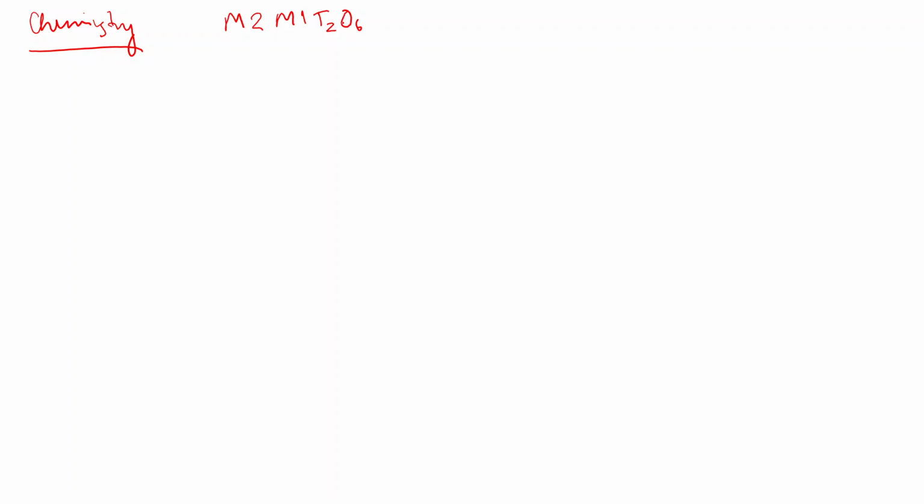So here M2 and M1 are the cations in generally distorted and regular octahedral coordination respectively, while T is the tetrahedrally coordinated cations. So M2 and M1 may be occupied by magnesium, iron, calcium, sodium, lithium, while T will be occupied by silicon or maybe aluminum.